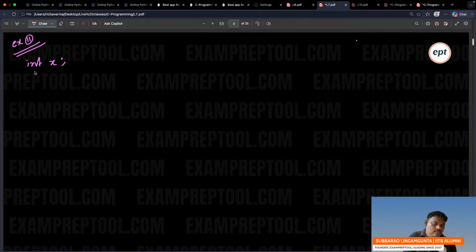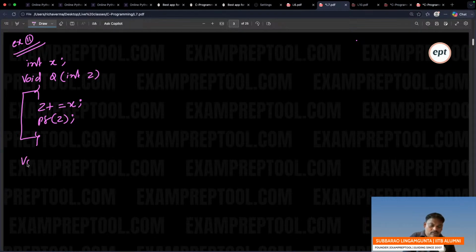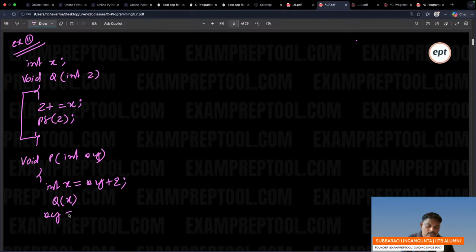Int x; void q(int z) { z += x; printf z; } next one, void p(int *y) { int x = *y + 2; q(x); *y = x - 1; printf x; } It's a very cunning problem.